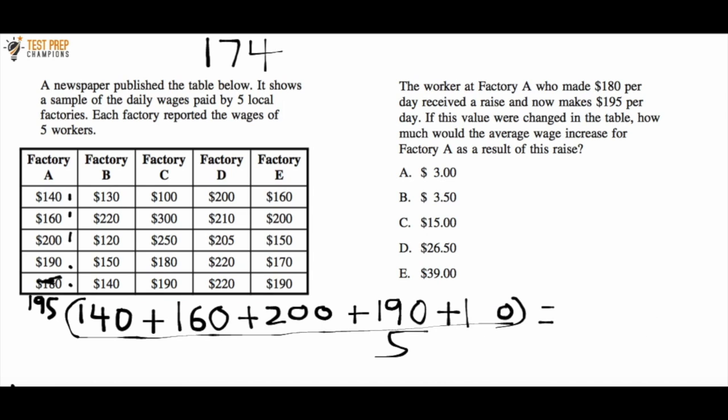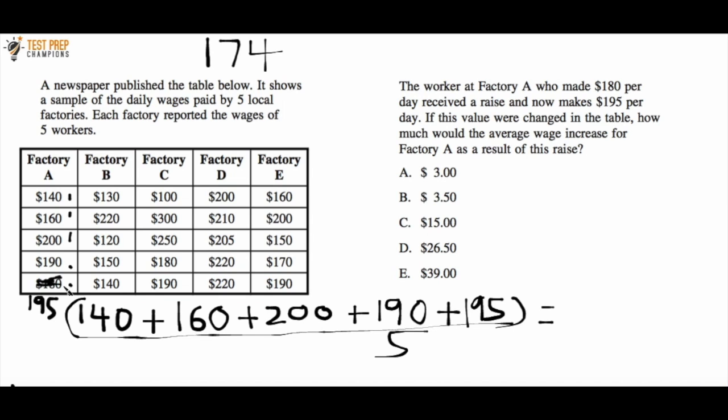This number that says 180, all we're going to do is change that to 195. In the first case, we added up all of these numbers and divided by 5. In the second case, we're going to add up all the numbers, except instead of adding 180, we add 195, and we're still dividing by 5.